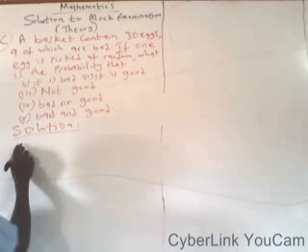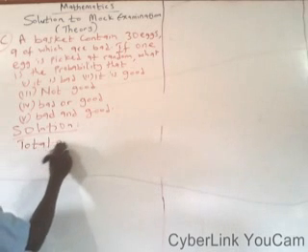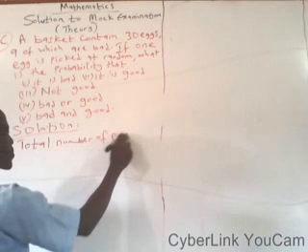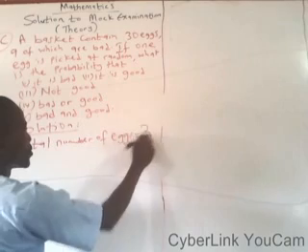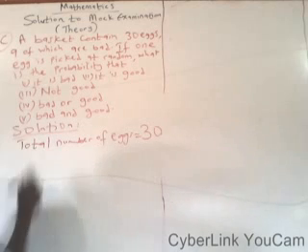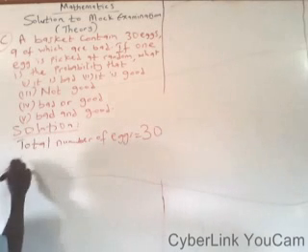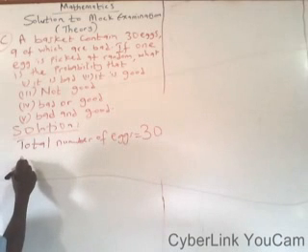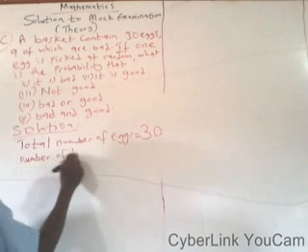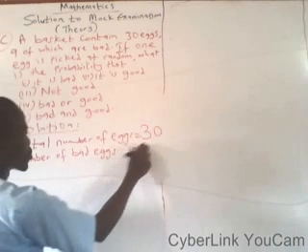Total number of eggs is equal to 30. Number of bad eggs is equal to 9.